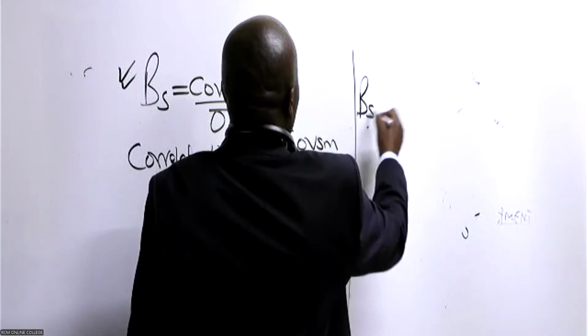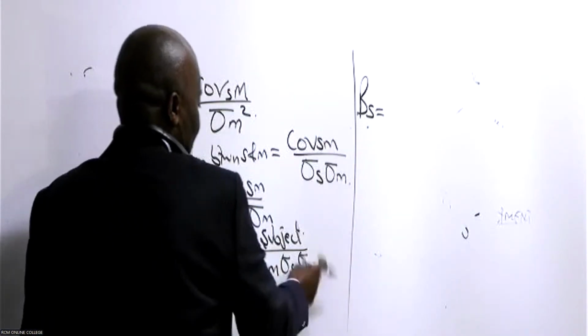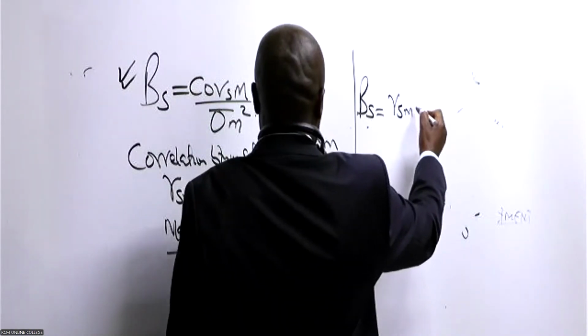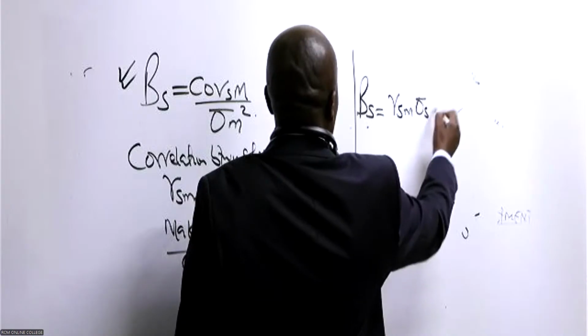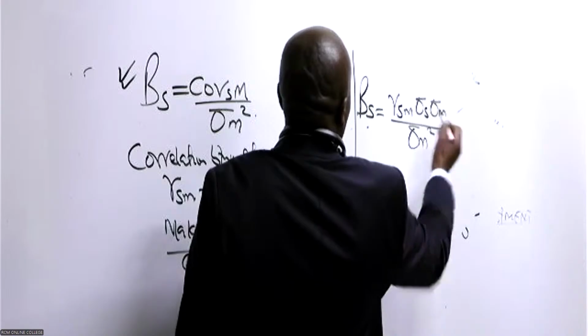So this beta of S, instead of writing covariance, please write this: RSM, standard deviation S, standard deviation M over standard deviation M squared.